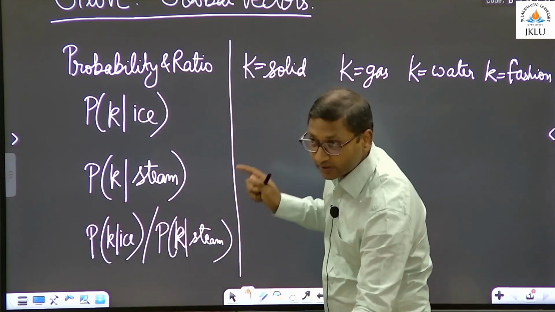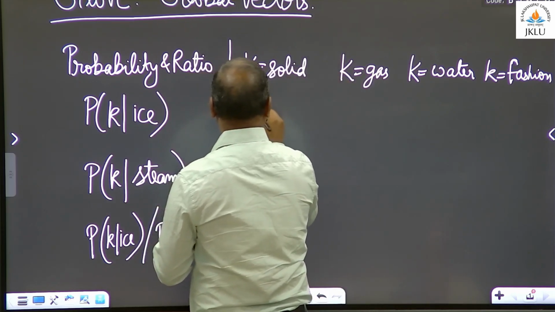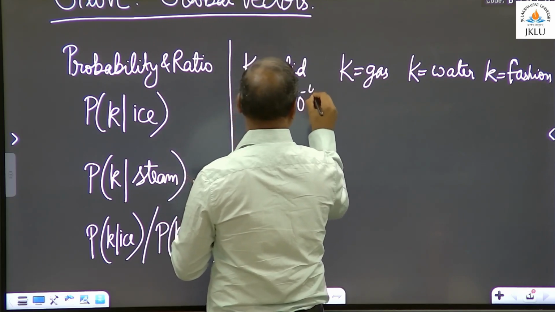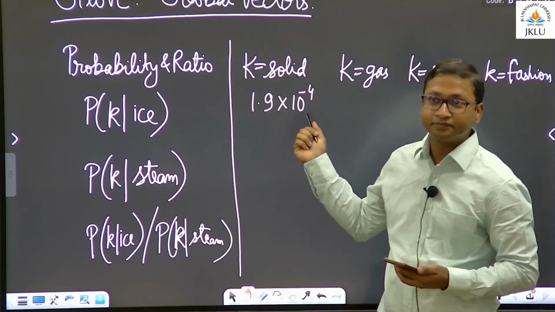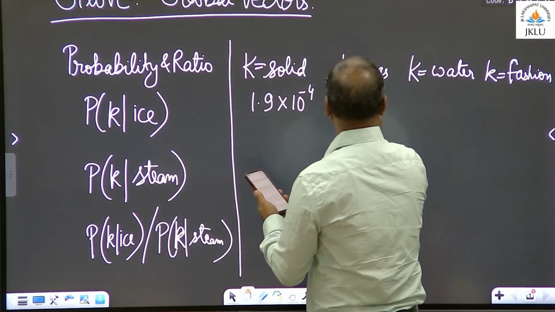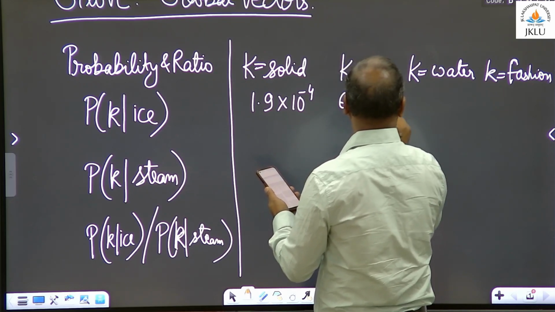So for their corpus, these numbers were 1.9 into 10 to the power minus 4. Is this high? This is 6.6 into 10 to the power minus 5.